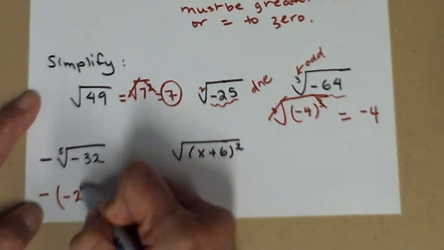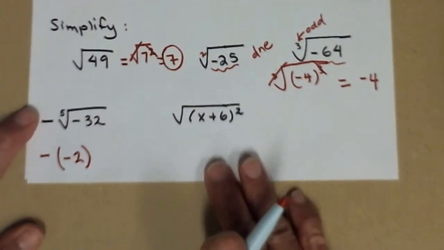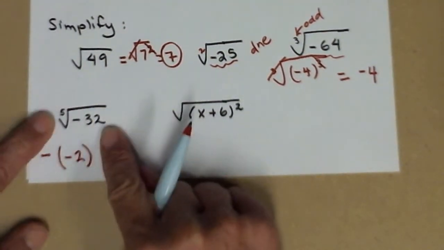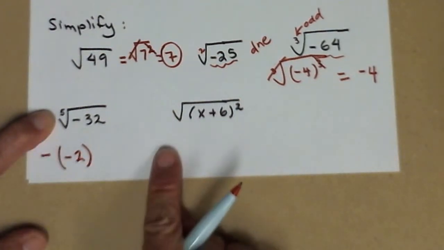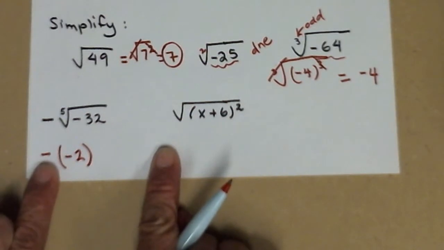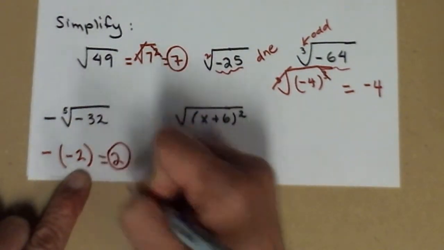For us, they'll be nice numbers, so don't try to look for a decimal version. So the 5th root of negative 32 is negative 2. Notice I covered it up. Hey, there it is again. Now I have the opposite of negative 2, final answer, positive 2.